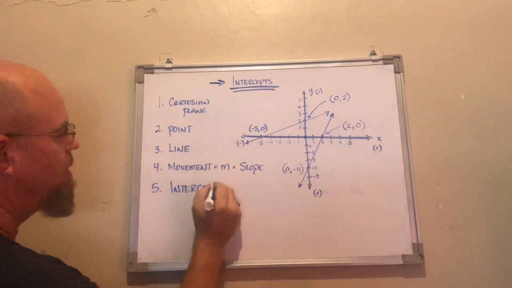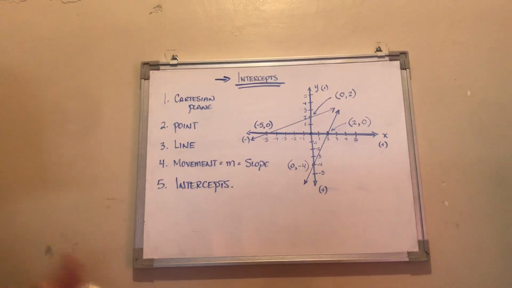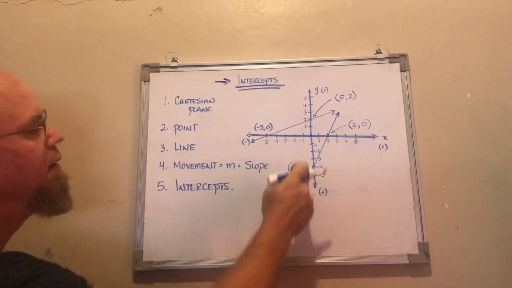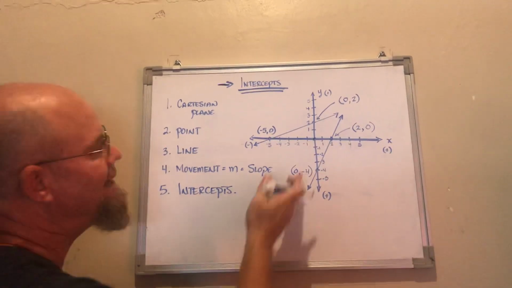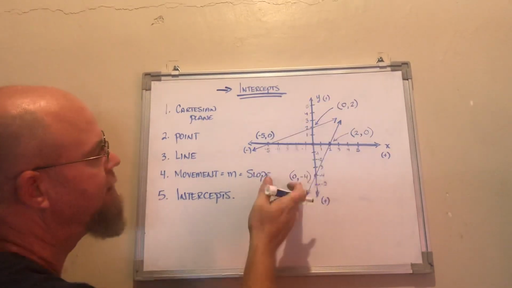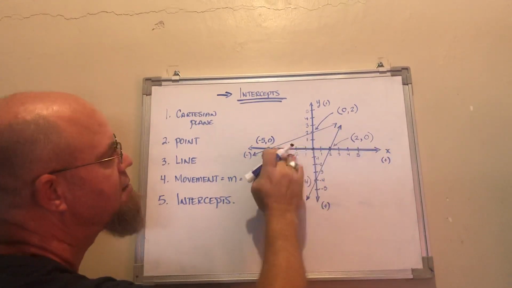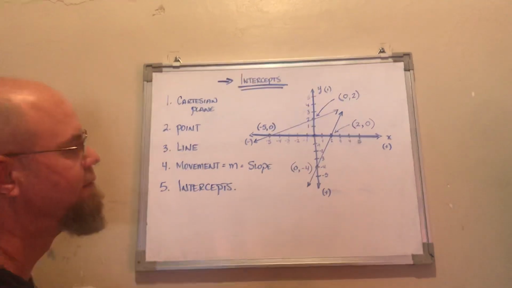Intercepts are very easy. All it means is where the line crosses the y-axis and the x-axis. Those are the intercept points of the line, where it intercepts the x-axis and where it intercepts the y-axis.